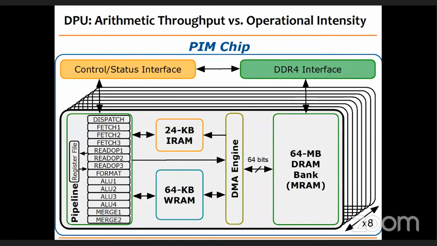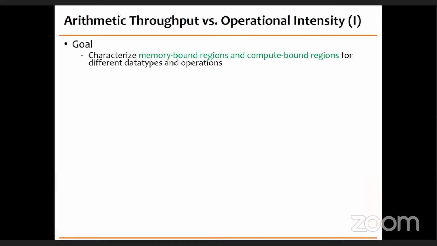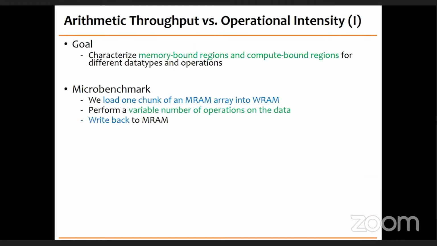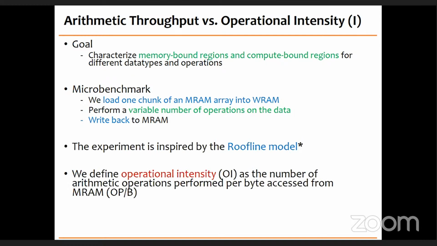The last thing that we analyze with respect to the architecture of the DPU is the analysis of the arithmetic throughput versus the operational intensity. Here we also write a microbenchmark, and in this microbenchmark we include both accesses to MRAM and also computation in the pipeline. For the computation in the pipeline, what we do is change the number of operations. We are going to use a variable number of arithmetic operations.